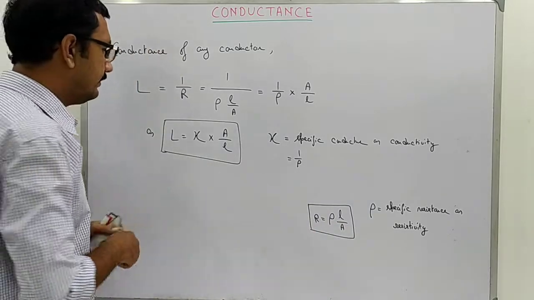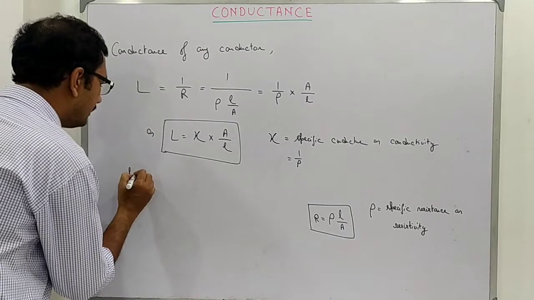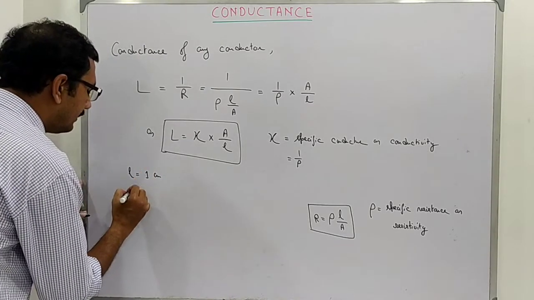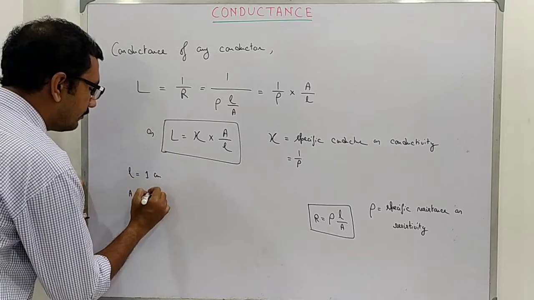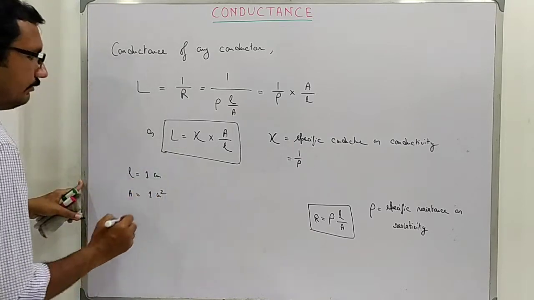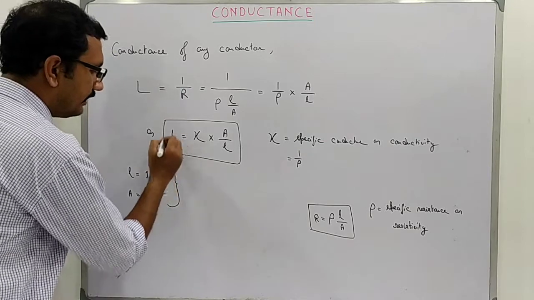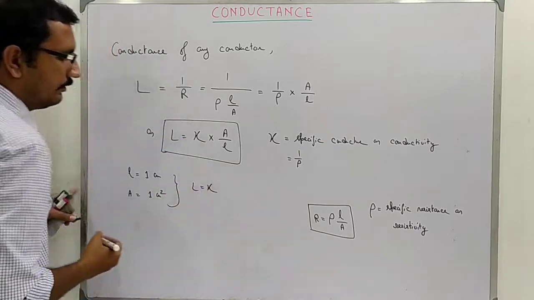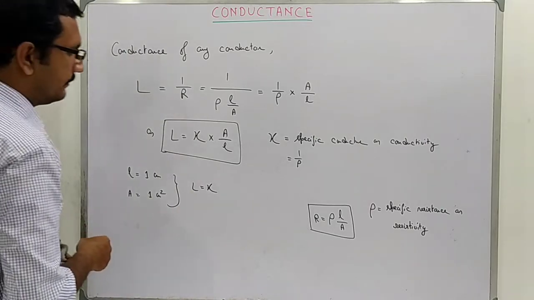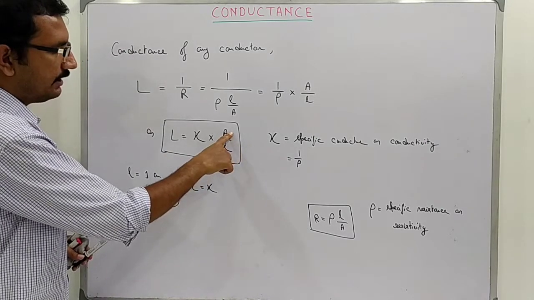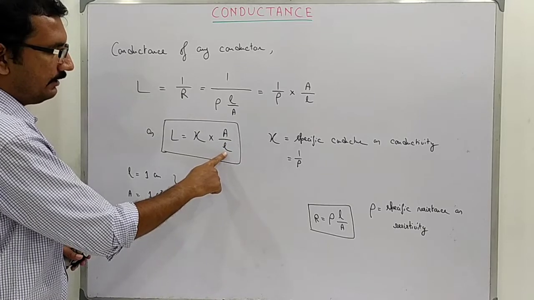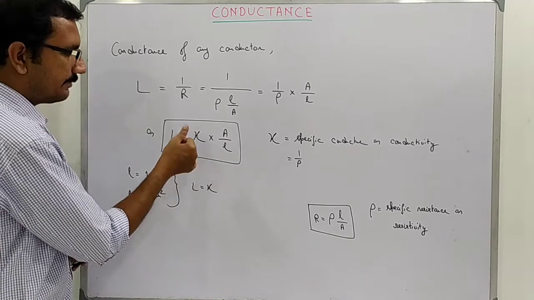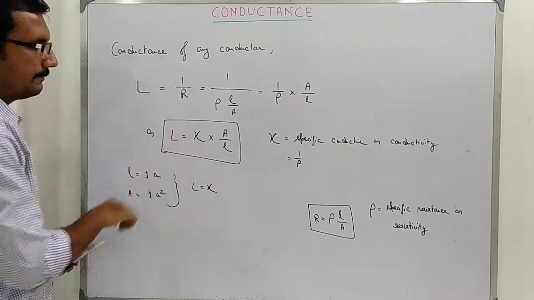Similarly, when the length of the conductor is 1 centimeter in CGS, obviously, and the cross sectional area of the conductor is 1 square centimeter, then the conductance obtained is equal to the specific conductance. So, we put here 1 square centimeter and 1 centimeter, and it will be L equals kappa, that is, the specific conductance is the conductance.